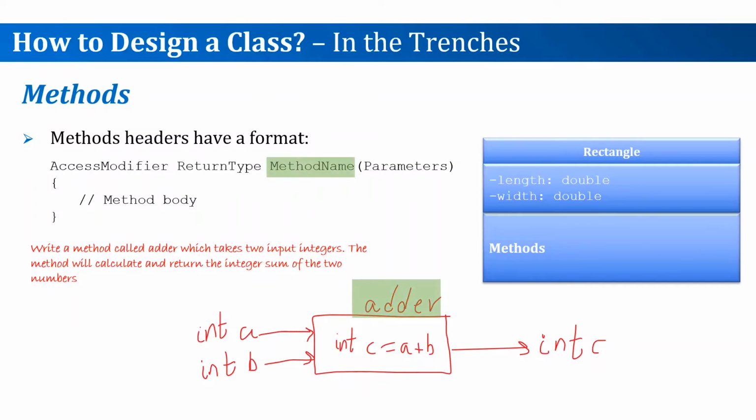The method name is simple, it's called adder. The parameters are the inputs the method needs to operate. This includes the data type. The return type is the type of the data you expect to get from the method. Notice that it doesn't care about the name you used inside the method, it only cares about the type of c, which is int. Finally, the method body is what you executed inside the box to get the output.